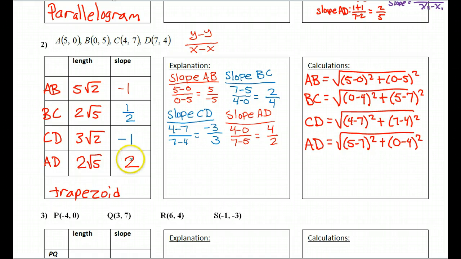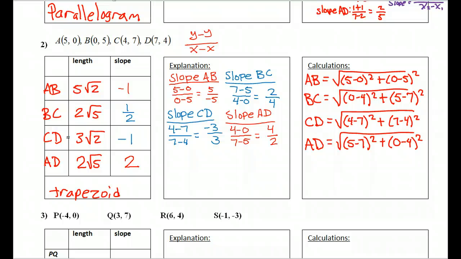Okay, so now it's time to decide if this is just a regular trapezoid, a normal trapezoid, or if this is an isosceles trapezoid. So to understand that, we need to know which of these are the bases of the trapezoid and which are the legs.